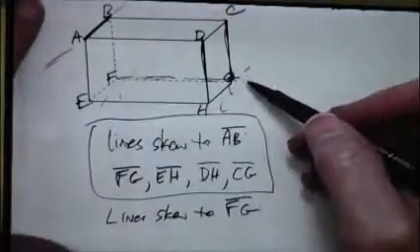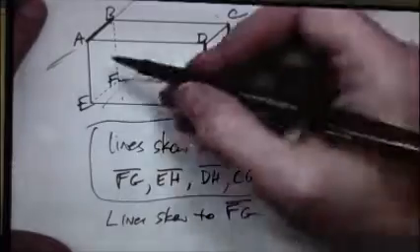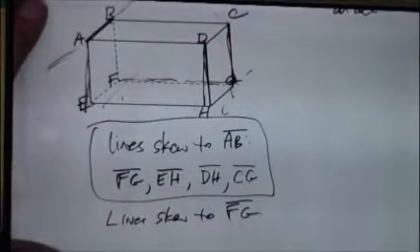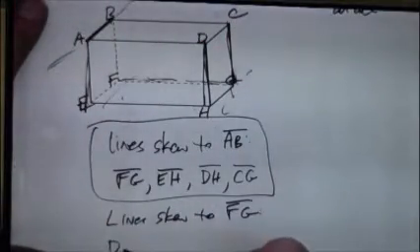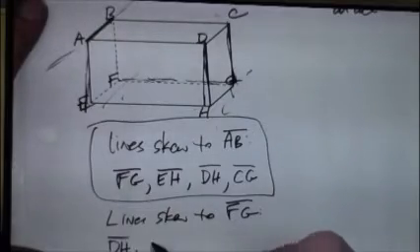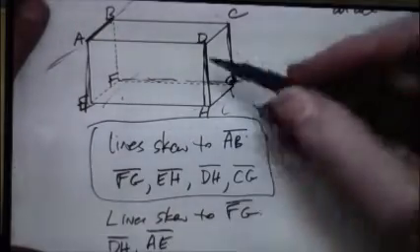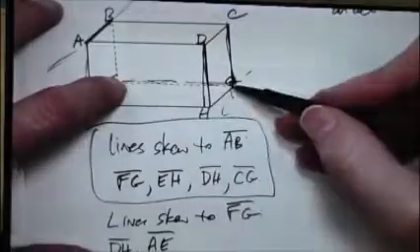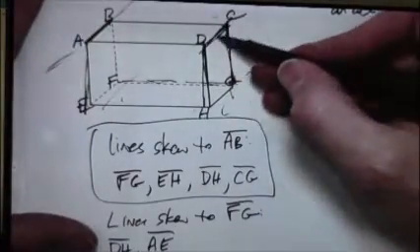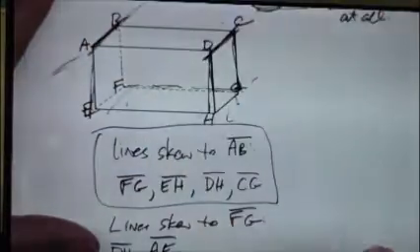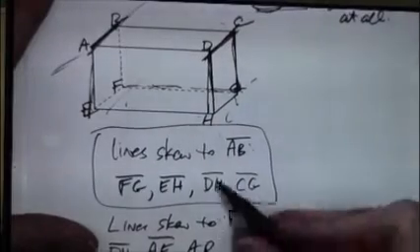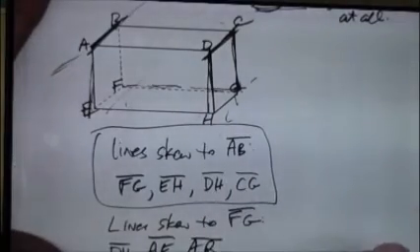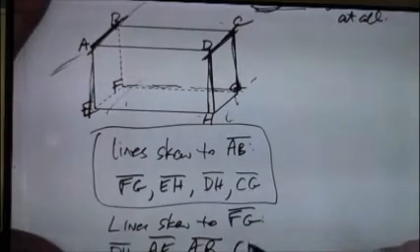But for this one, it looks like D to H doesn't touch it, and A to E doesn't touch it, and they're not parallel to it. So D to H, A to E, okay? And then since that one's in the bottom, if I come up here, it looks like this one going this way, and this one going here, like AB, as we already know from this one that they're skew. And CD over here.